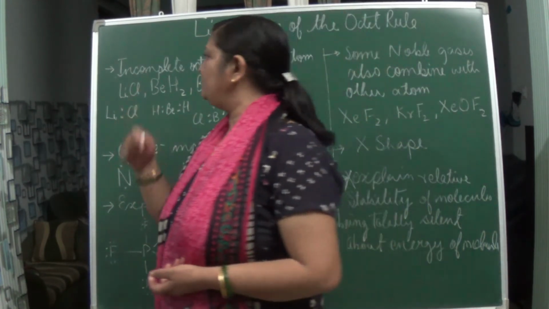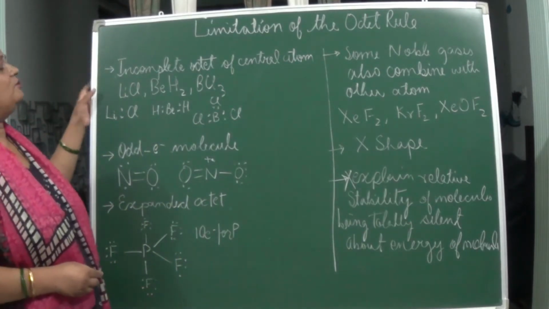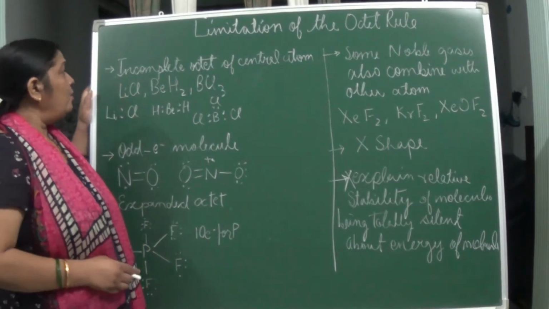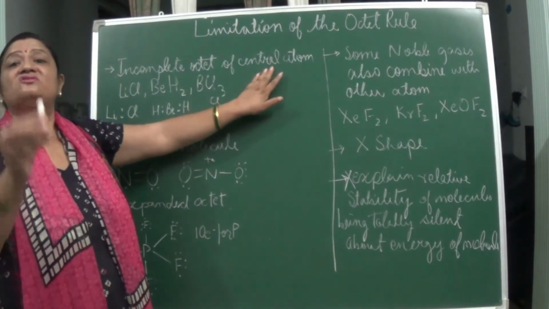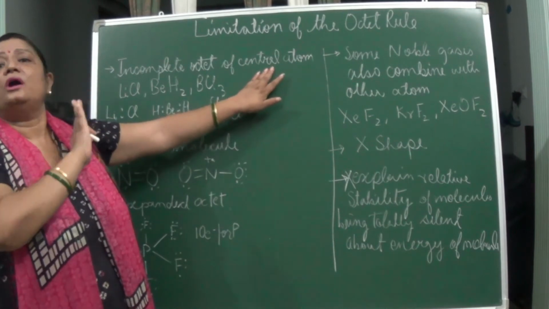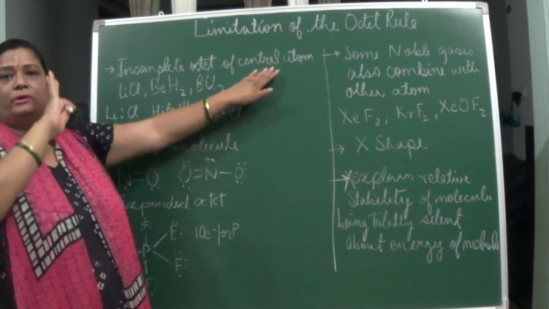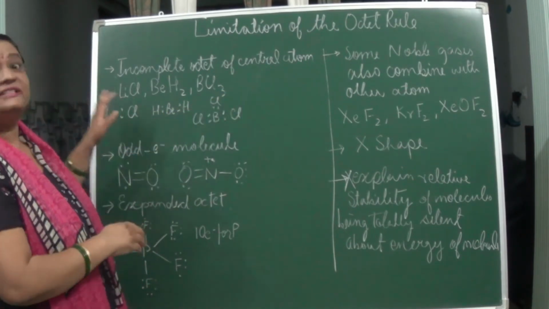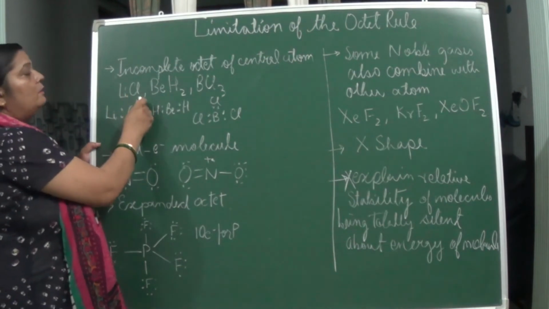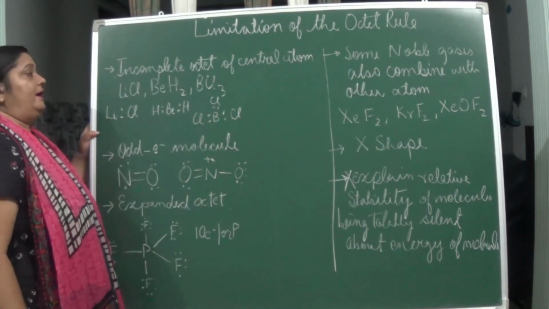So the first limitation, let us take, the incomplete octet of the central atom. When we say incomplete octet of the central atom, it means the central atom does not have 8 electrons in its valence shell even after forming the compound, after forming the bonding also. Examples: lithium chloride, beryllium hydride and boron trichloride.